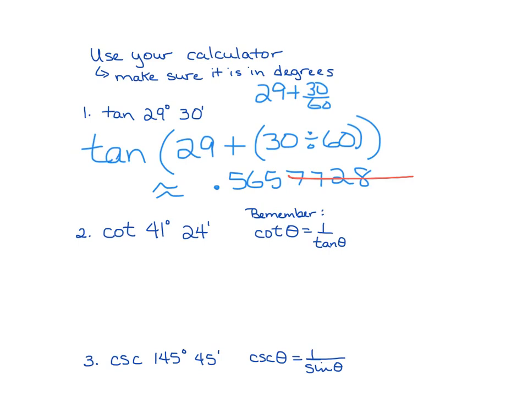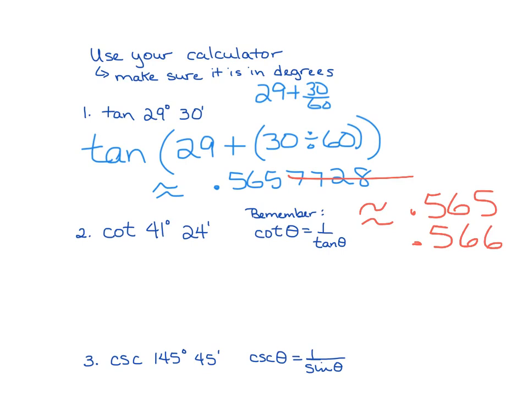So if the instructions say to truncate, you would just write down however many places they say, and that would be your answer. Now, if it said to round to 3 decimal places, my answer is 0.566. We're going to practice truncating today. So we're going to truncate to 3 decimal places on these. Once you get it in your calculator, just write the first 3 numbers down that are after the point.